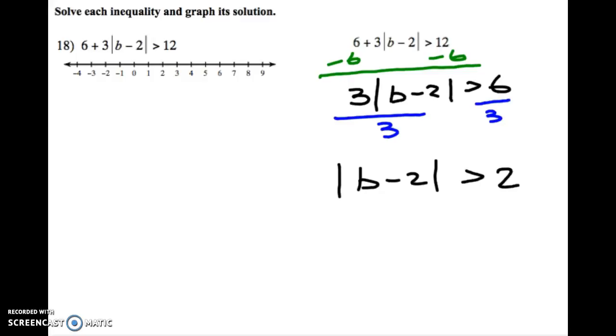Now that we have the absolute value by itself, isolated, we can write out our two inequalities. B minus 2 has got to be greater than 2, and B minus 2 needs to be less than negative 2.